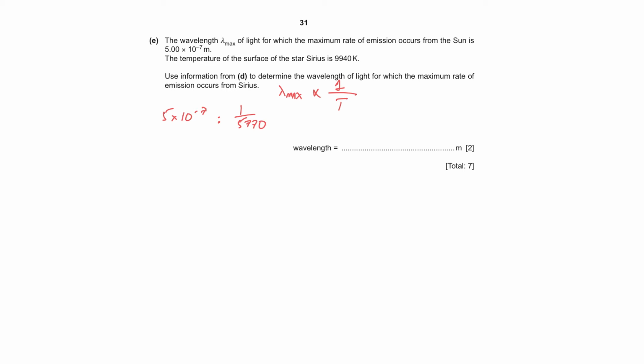For Sirius, it's lambda, and the temperature is 9940. We'll cross multiply and solve for lambda. Lambda is equal to 5 into 10 to the power minus 7 into 5770 upon 9940. The answer that we get is 2.9 into 10 raised to the power minus 7 meters.